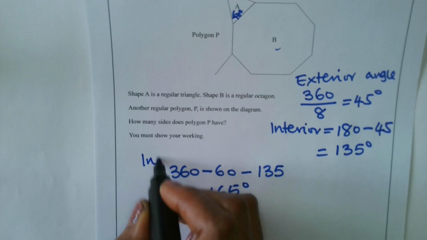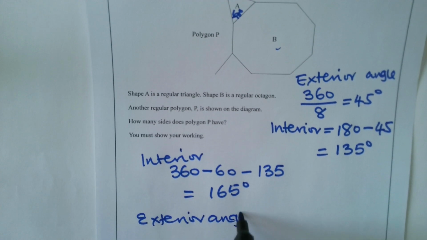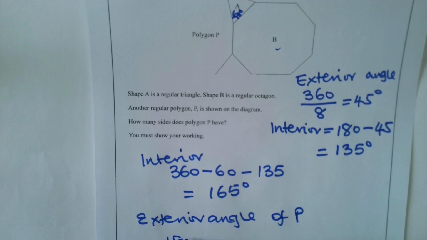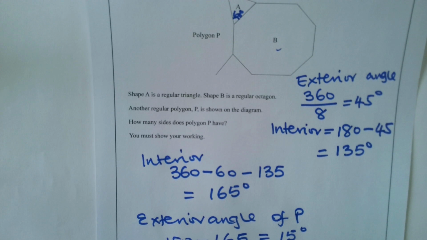This is interior. We look for the exterior angle of P, that will be 180, take away 165, which will give me 15 degrees. Now 360 divided by 15, we get 24. So this polygon P has got 24 sides.